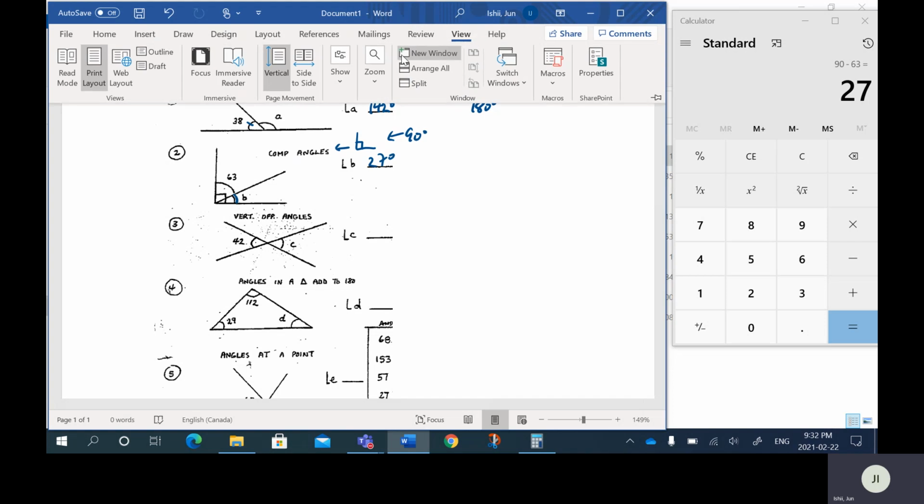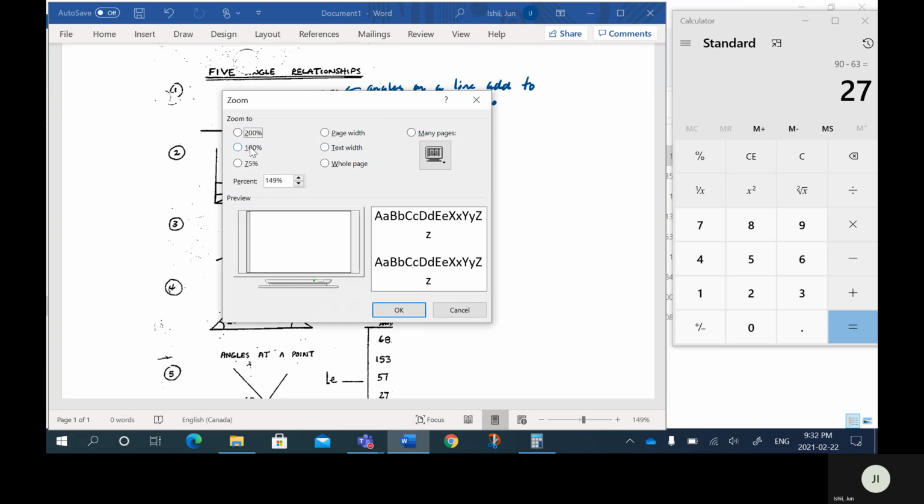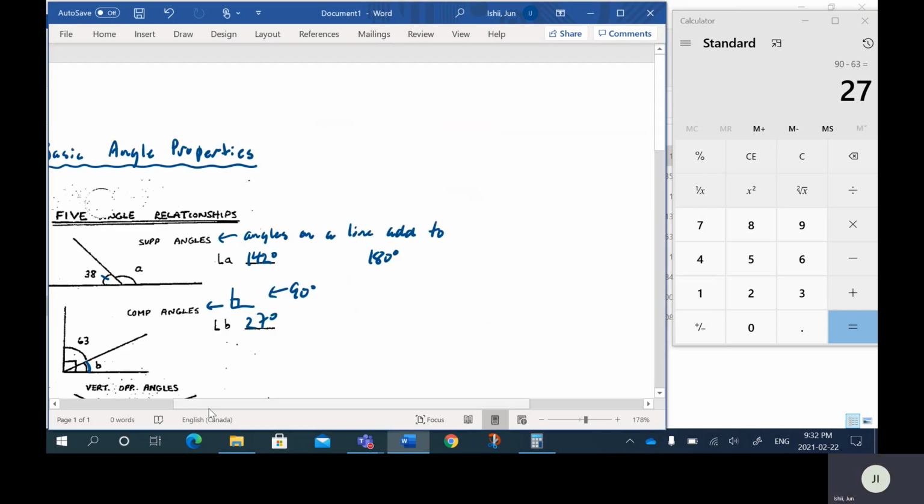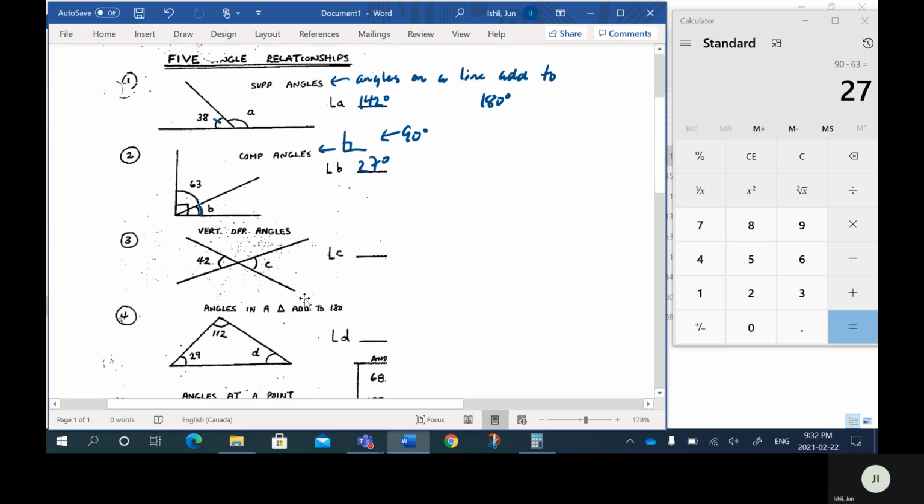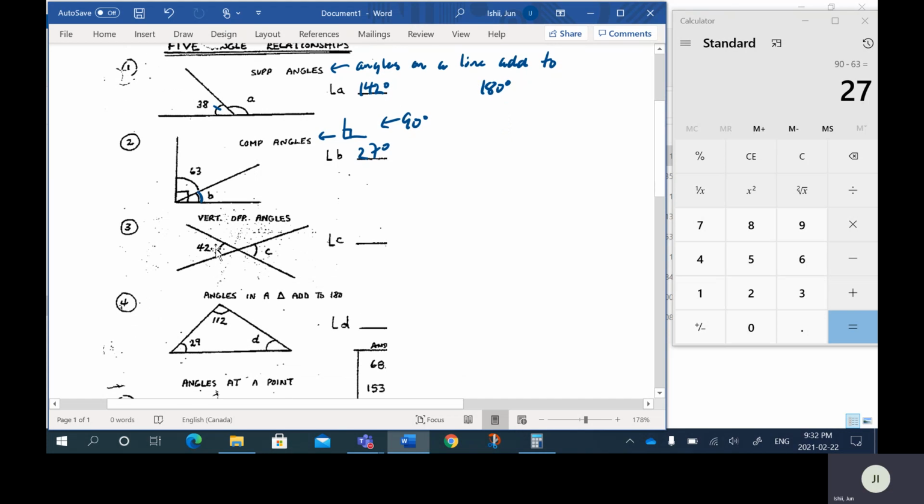Let's see if I can just zoom in here a little bit more. So this next one here, vertically opposite angles. Whenever two lines cross, the angles that are opposite from each other are going to be equal.